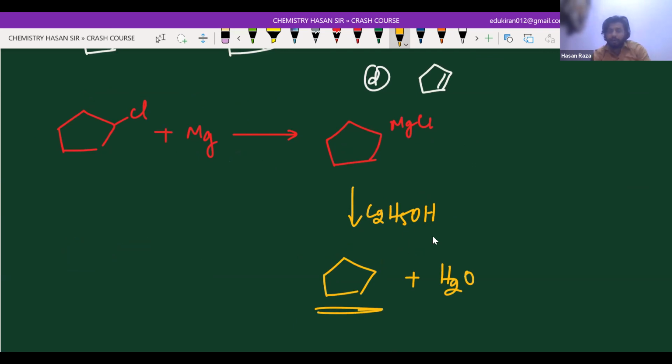Generally, a student does it because there is positive and there is negative, and then negative and positive will go. You can see this positive, and this will go like this here, and it will form alkane. Is that clear?